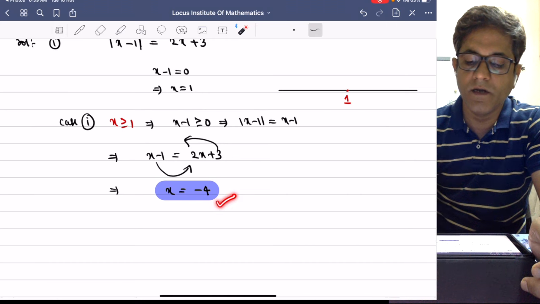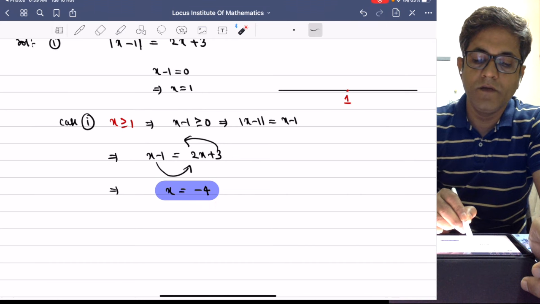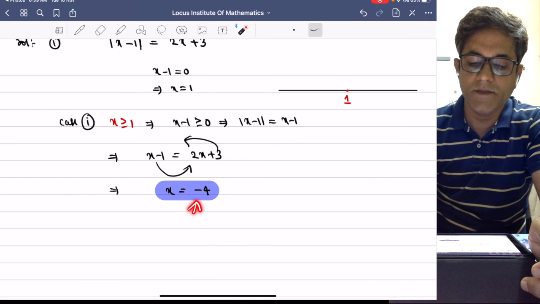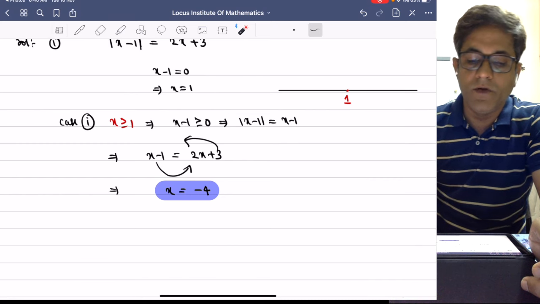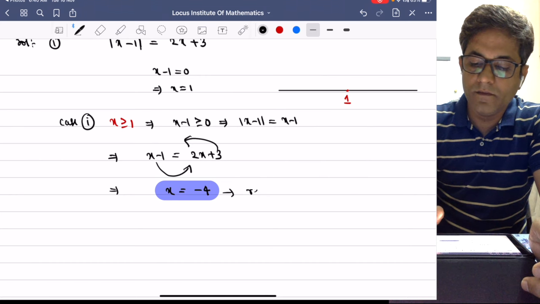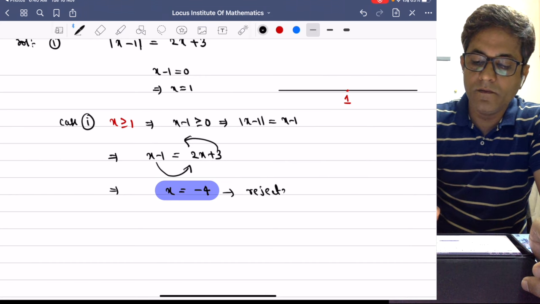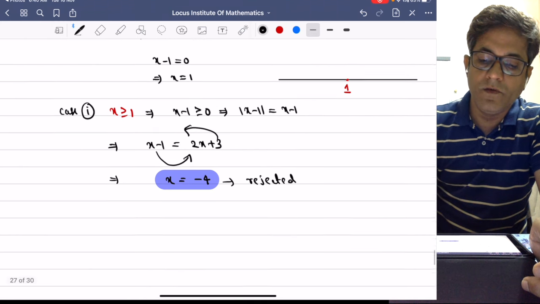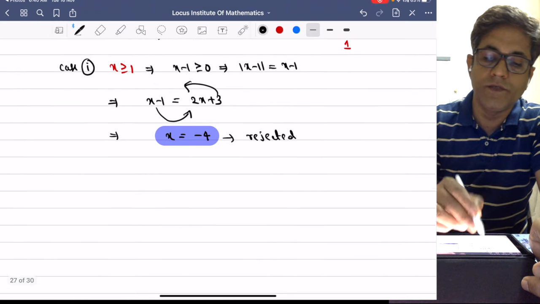Therefore this is not acceptable, because we have taken x greater than or equal to 1, but we got x negative. Therefore this is a rejected value. So in this case there is no solution.